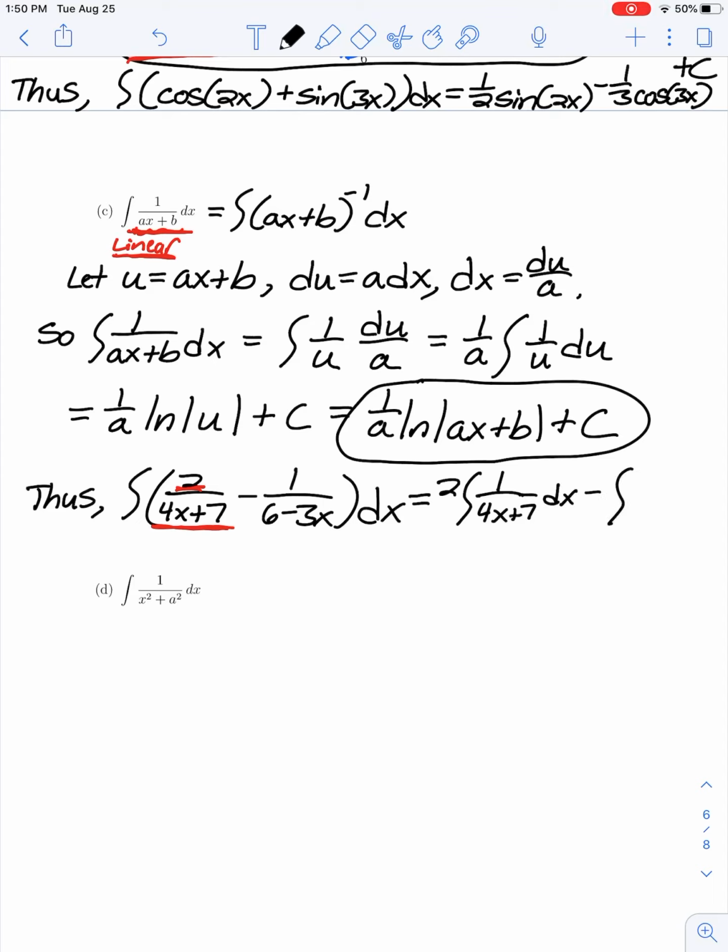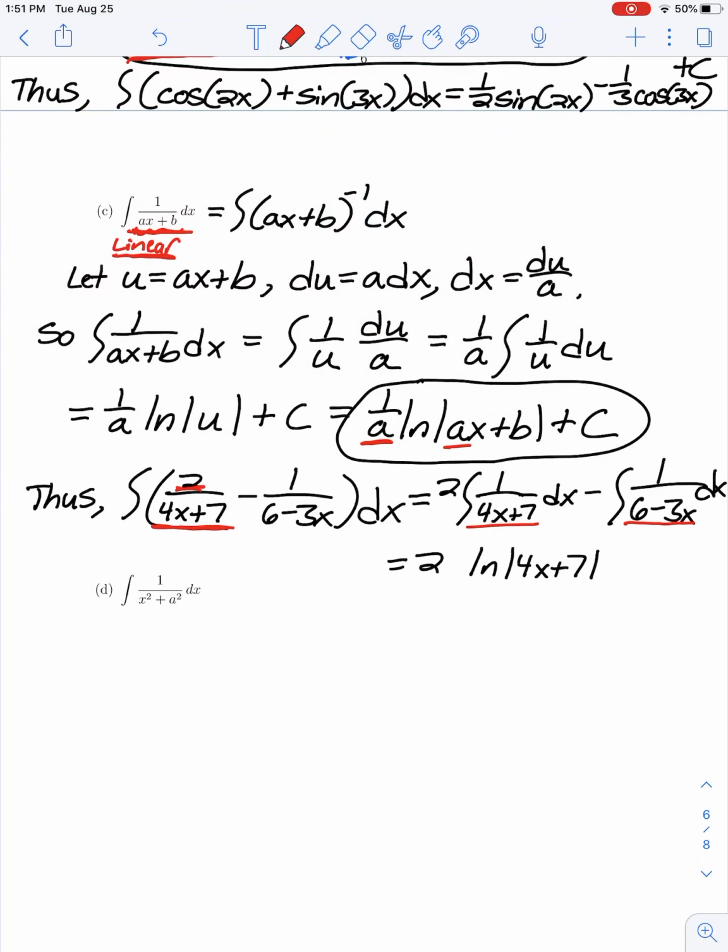So once we have these two integrals where we have 1 over some linear function, we know using our new formula that the antiderivative is given by the natural log of the absolute value of that linear function. And then out in front of the logarithm, we're multiplying by 1 over the constant a.